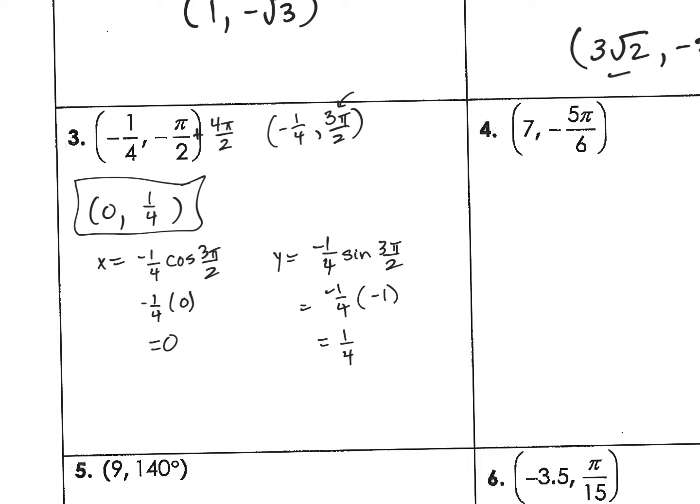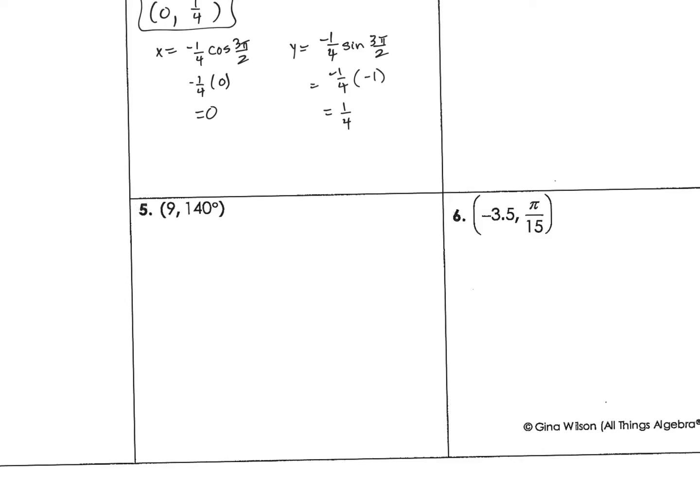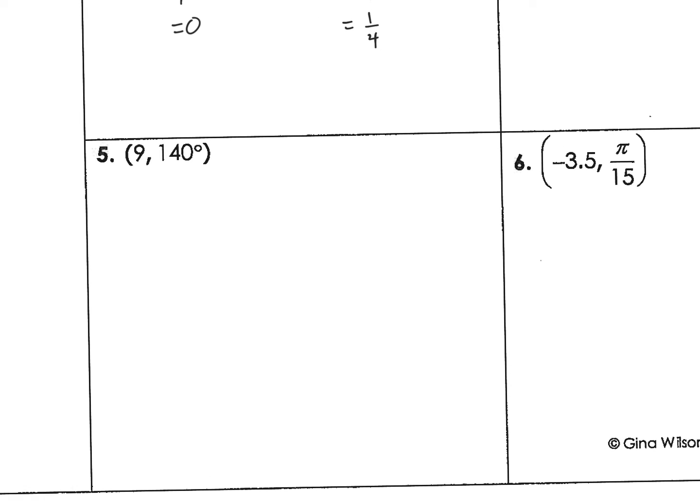All right. What happens, though, if it's not on the unit circle, like, say, number 5? Use your calculator, but make sure it's in the correct mode. What mode does it need to be in? Degrees right now, doesn't it? That's the biggest mistake people make, is they forget to change their calculator mode.